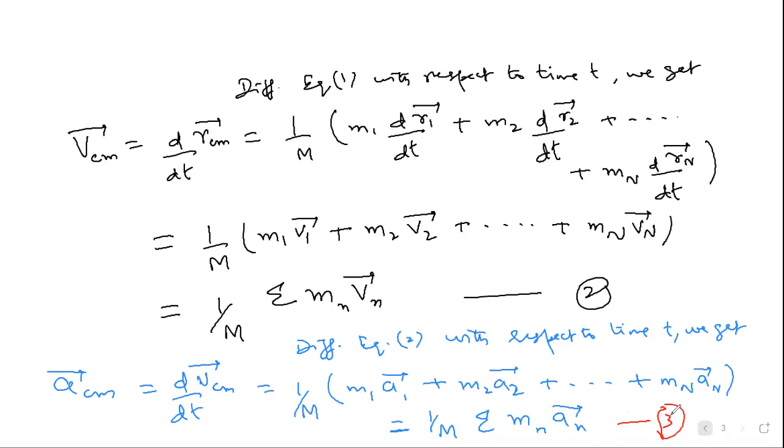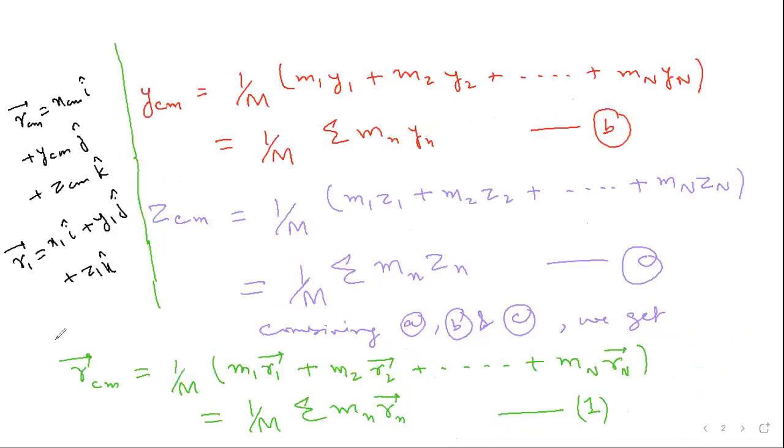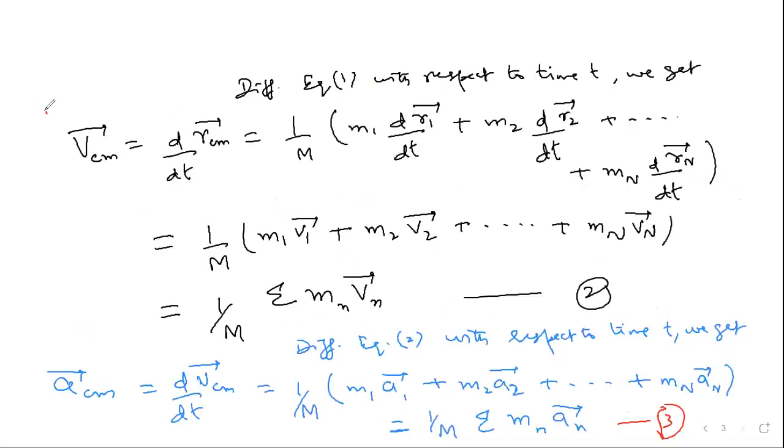So first gives me the position vector of the center of mass. Second gives me the velocity of center of mass. And third gives me the acceleration of center of mass. Now, from equation third, I can conclude a result.